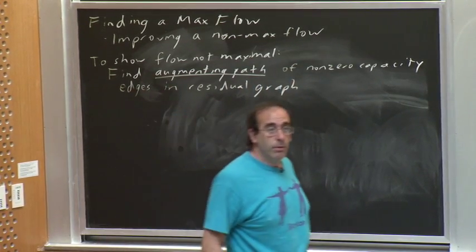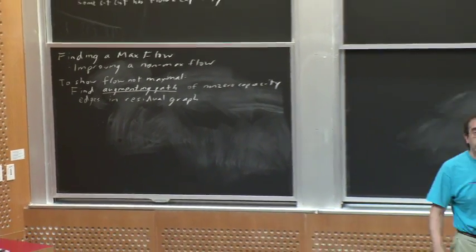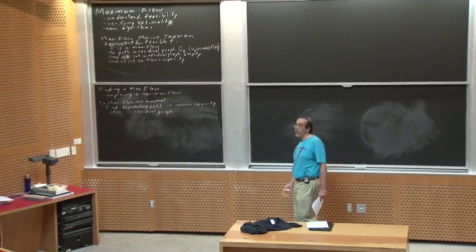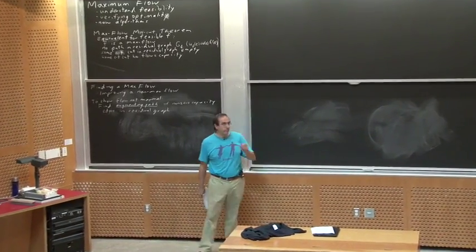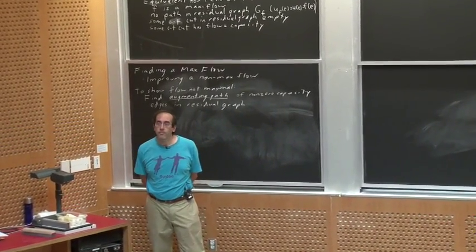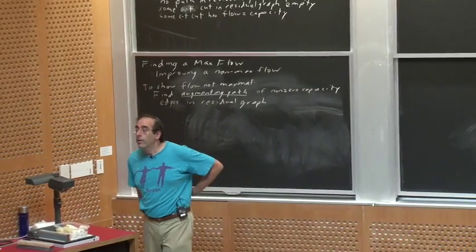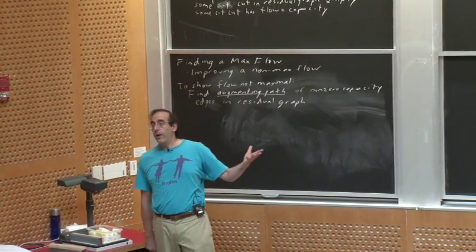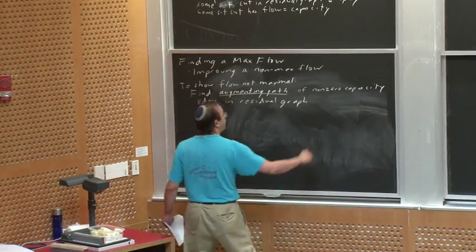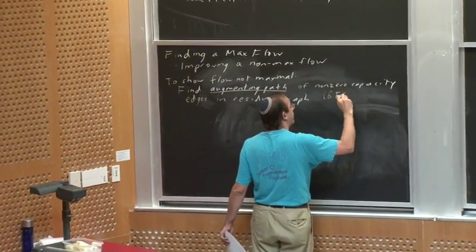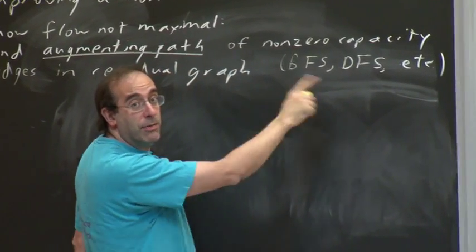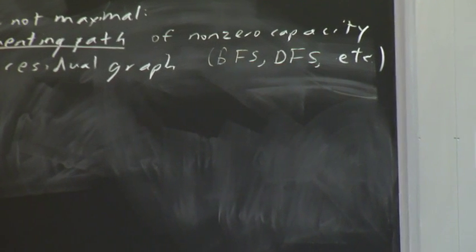Why can we do this? And actually, the why goes with how can we do this? How do we find a path in the residual network? BFS, DFS, right? It actually turns out to make a big difference which of these you use. We'll talk about that later.